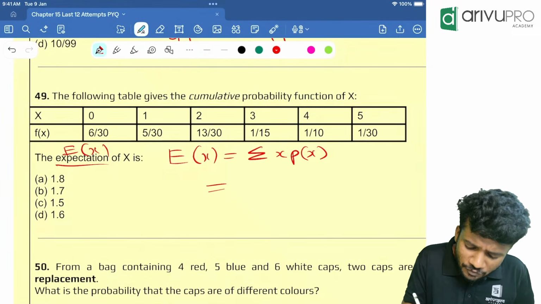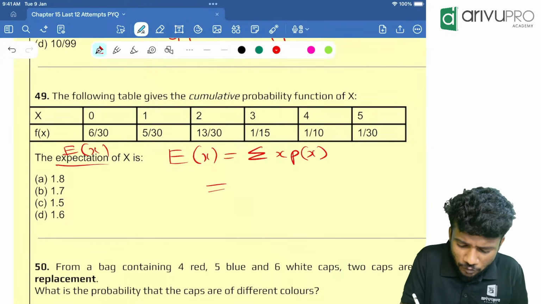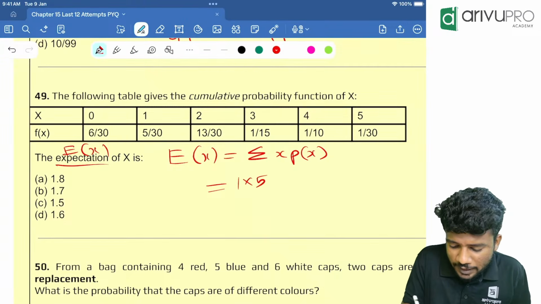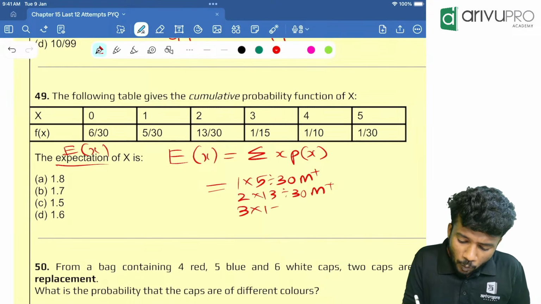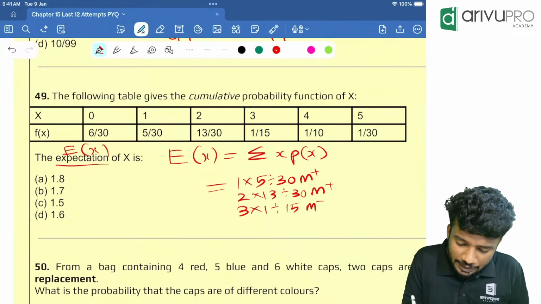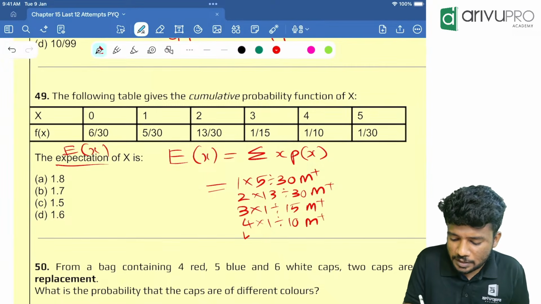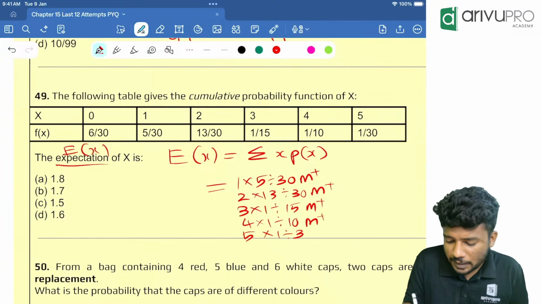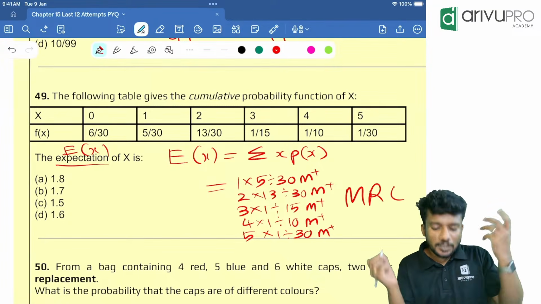Now, which is equal to 0 into, you can ignore the first one, go for the second one. 1 into 5 divided by 30, M plus, 2 into 13 divided by 30, M plus, 3 into 1 divided by 15, M plus, 4 into 1 divided by 10, M plus, 5 into 1 divided by 30, M plus, then click MRC.